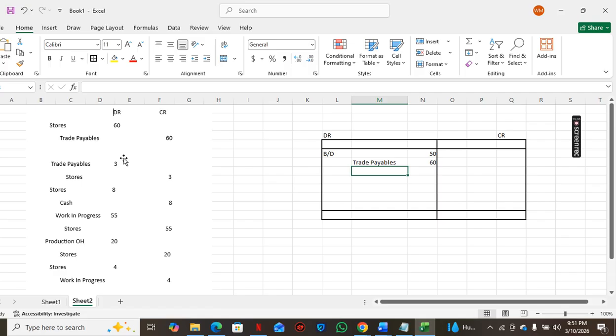Then the next transaction, where we returned goods, we credited stores 3 million. So here on the credit side, again we put trade payables, creditor, 3 million.